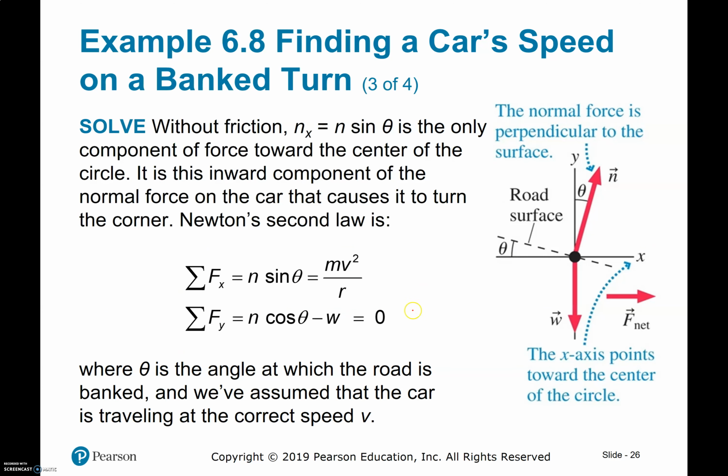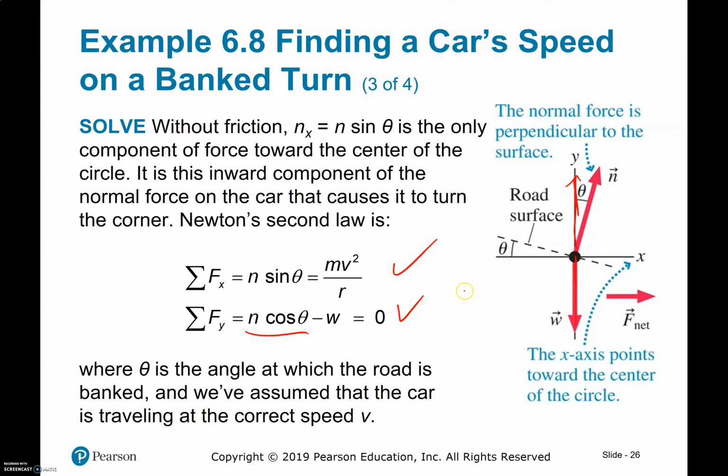So then we have two equations, right? So we have an equation for the y-axis and an equation for the x-axis. In the equation for the y-axis, we have the weight minus this component of the normal force, which is N cosine theta, that has to be equal to 0.